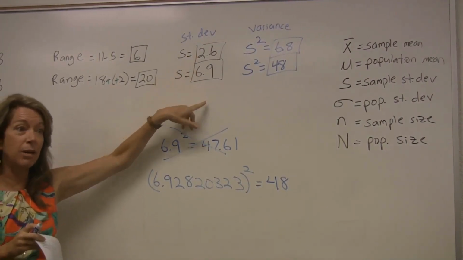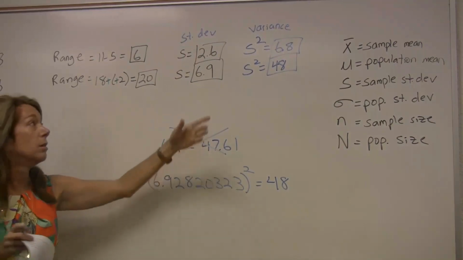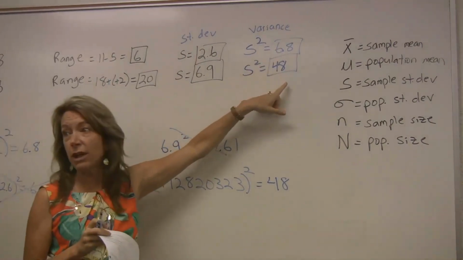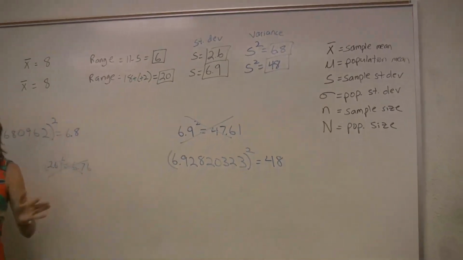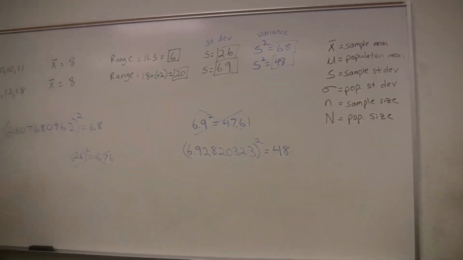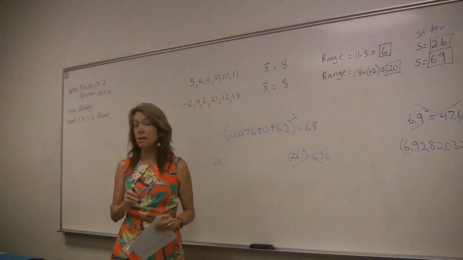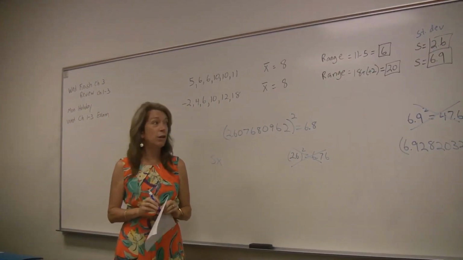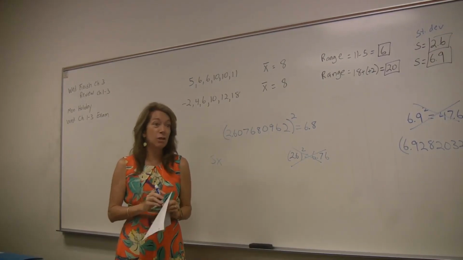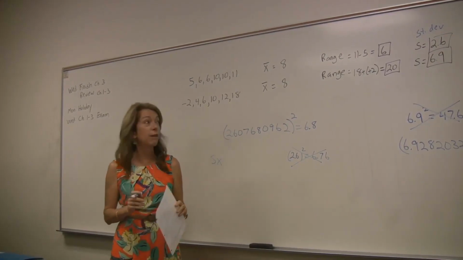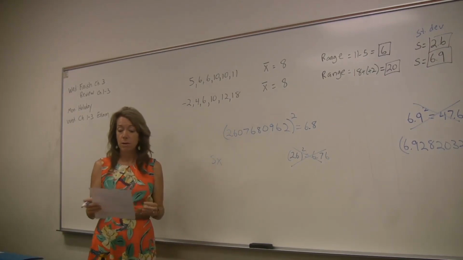Again, the second one bigger tells me they're more spread out. 6.8 versus 48. Again, larger number, more spread out. 3 different ways to measure variation. The most common one that's used is standard deviation, but you will be asked for all 3 of them. Just like mean, median, mode, mid-range, we're asked to make sure you know what they are, and then we'll use different ones for different things. We all right with that?